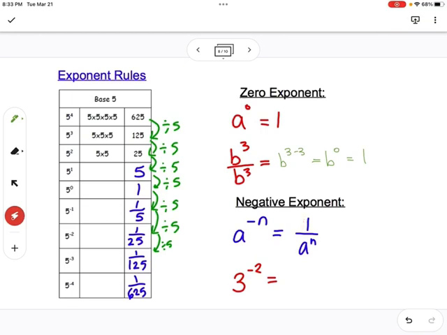So with the example 3 to the negative 2, we want to make that a positive. So we get rid of this by making it 1 over the positive power, 3 to the exponent 2. We could simplify this as 1 over, and 3 squared is 9, so we get 1 over 9 as our answer.